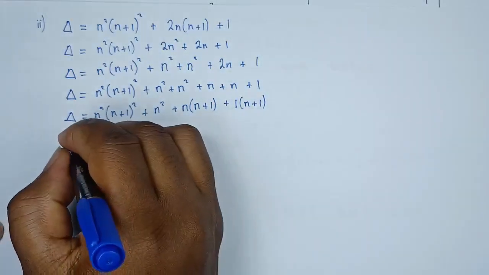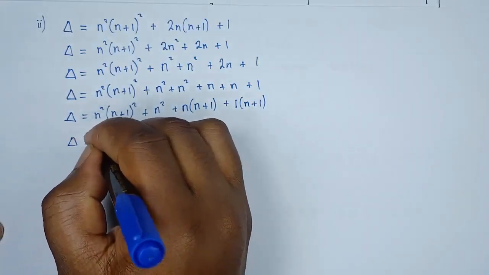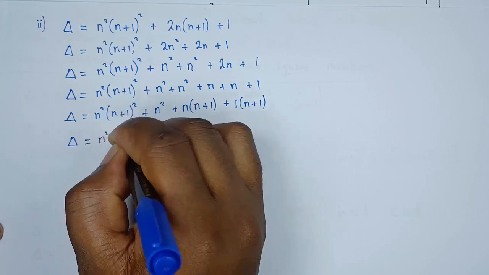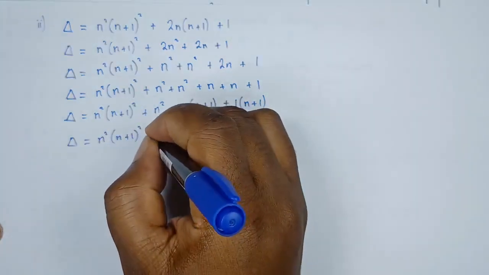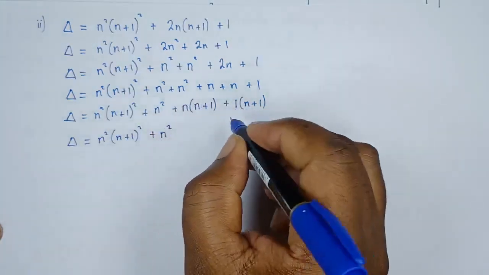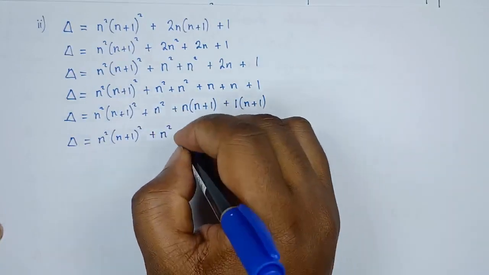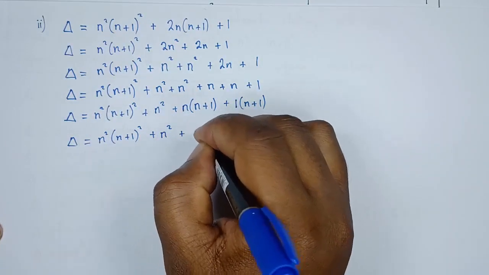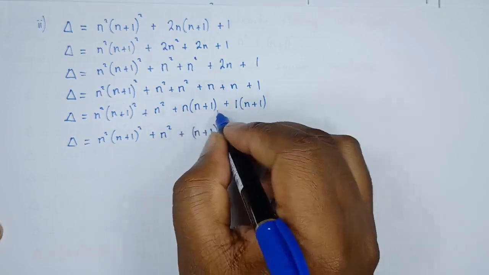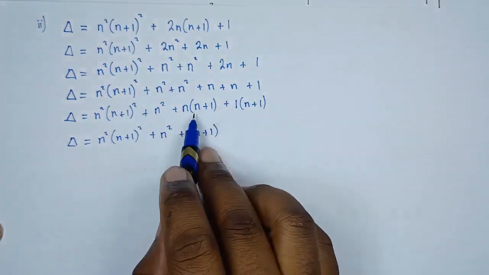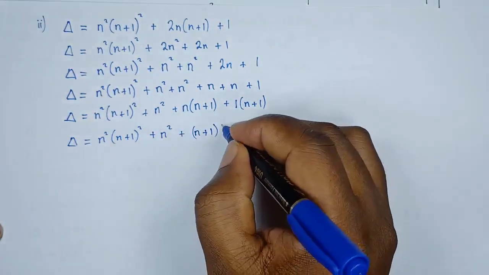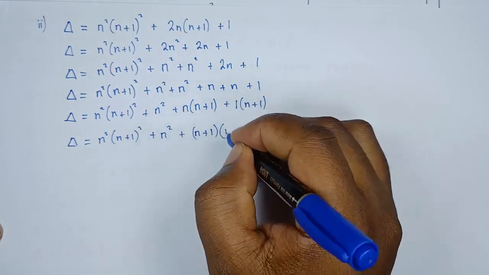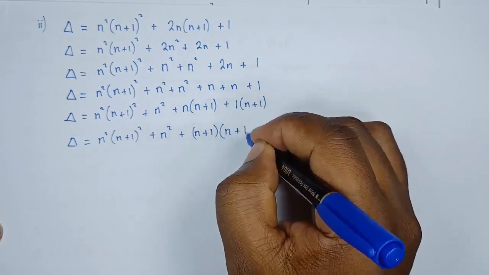Move on. So the determinant is equal to n squared, n plus 1 squared, plus n squared. So what is common here is n plus 1 for these two parts. Then you can see that n plus 1 is common. So if you factor out n plus 1, what remains here is n. What remains here is 1.